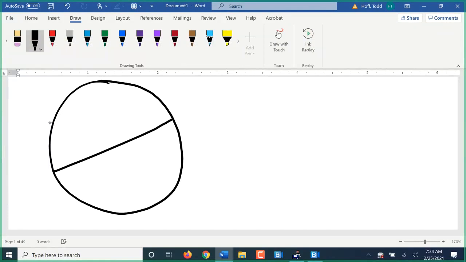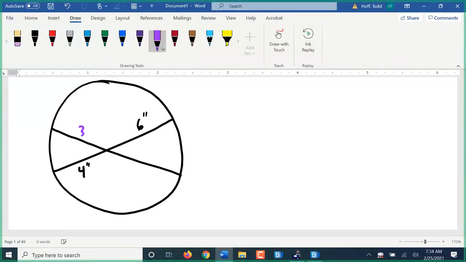We saw an example yesterday, actually I think it was a couple days ago, of intersecting chords inside the circle. Now, we used a calculation of, if I know that this is 4, well, let's say 4 inches and 6 inches in length for those pieces.